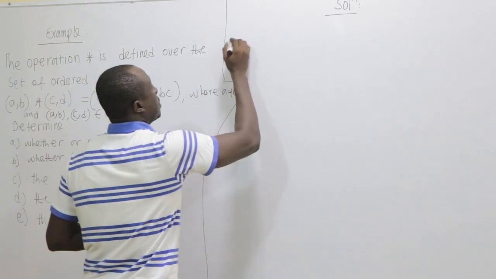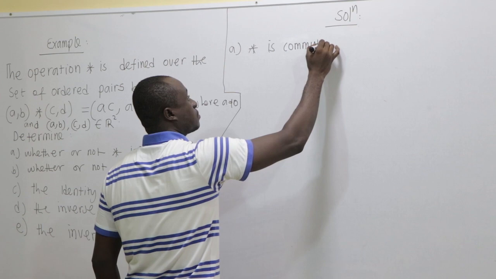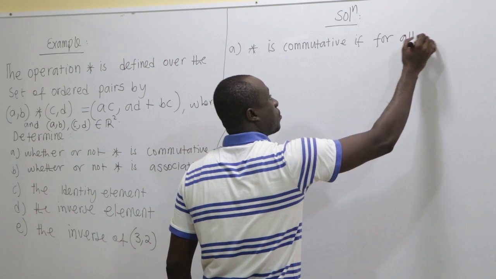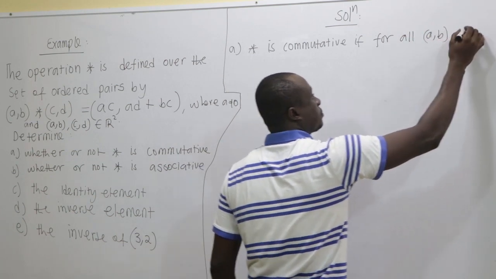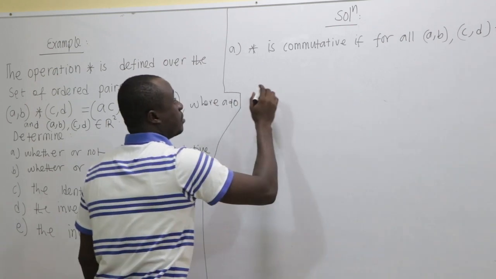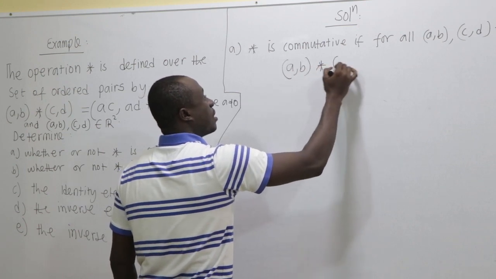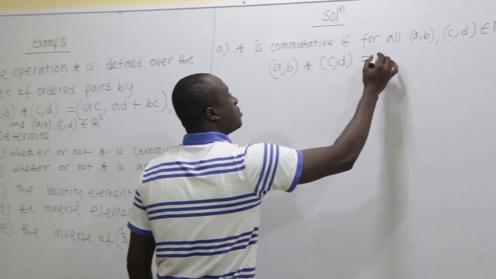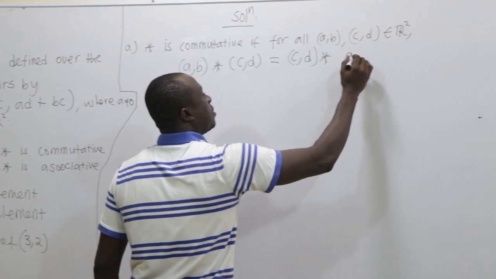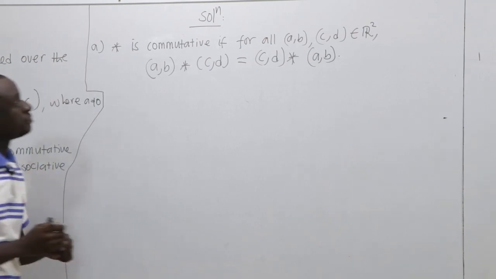So here we can say that star is commutative if for all (A, B), (C, D) a member of R squared, that is (A, B) star (C, D) is equal to (C, D) star (A, B).